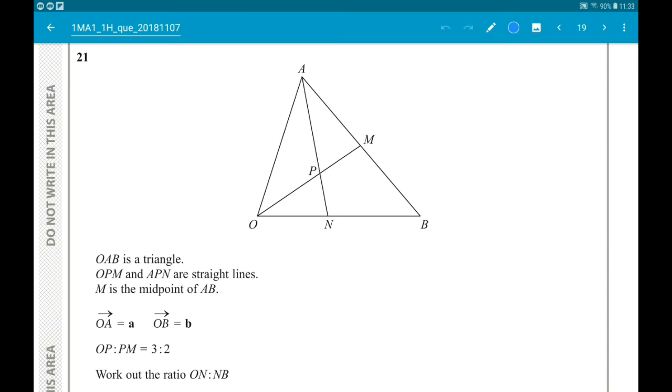OP to PM is in the ratio 3 to 2. We want to work out the ratio ON to NB. Good times. Alright. Okay, so this one is going to take some explaining.